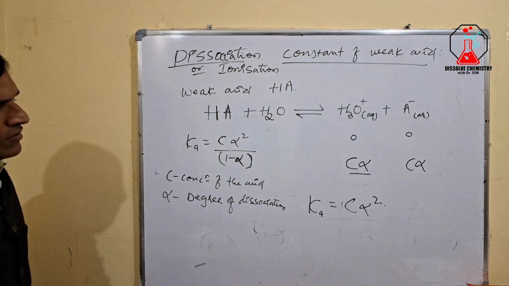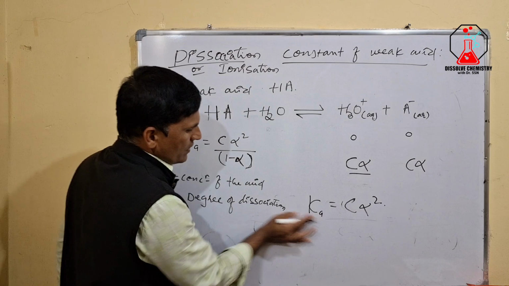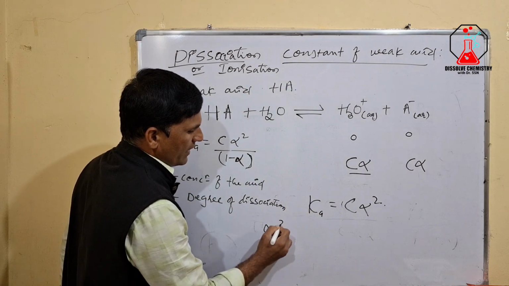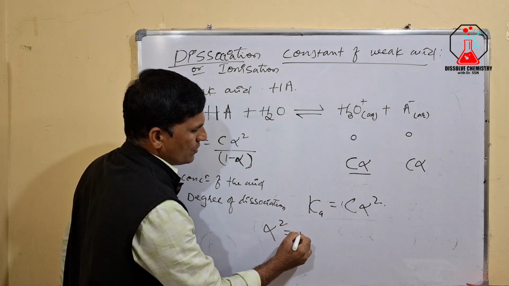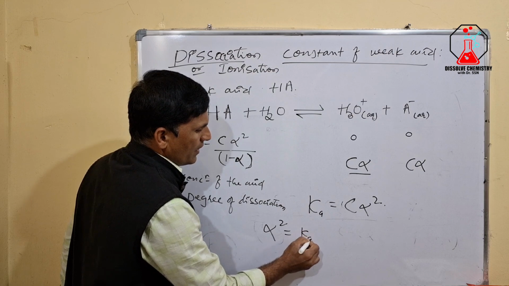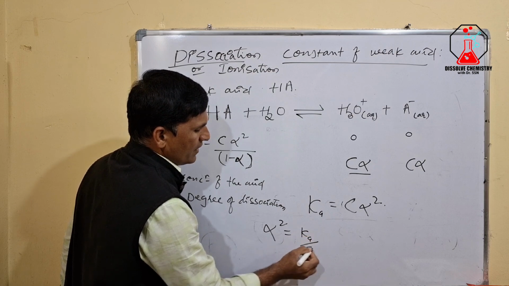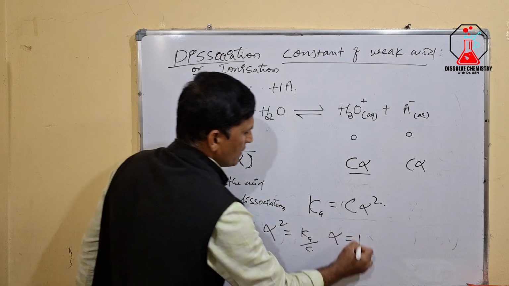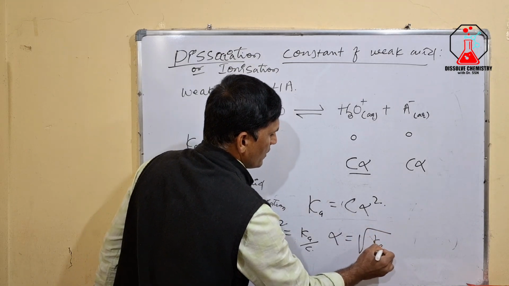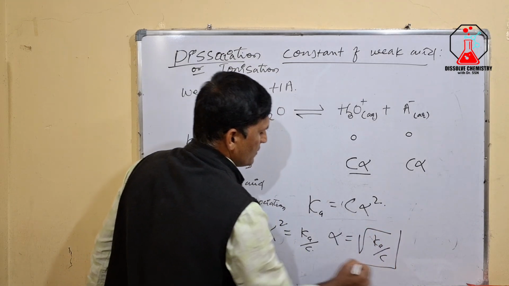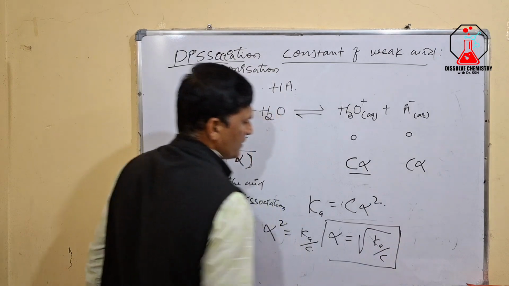Now what is the degree of dissociation? Alpha squared is equal to Ka by C, and alpha is equal to the square root of Ka by C. This is very, very important.